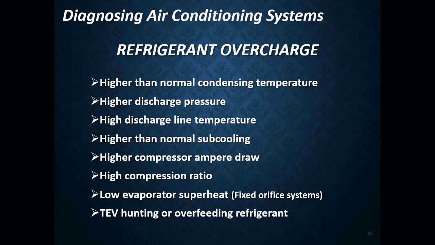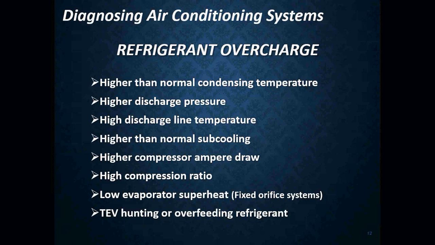A system with an overcharge of refrigerant will have higher than normal condensing temperatures for a couple of reasons. First, liquid is backing up in the condenser. It's going to cause high subcooling, and it's going to be robbing the condenser of useful condensing area.